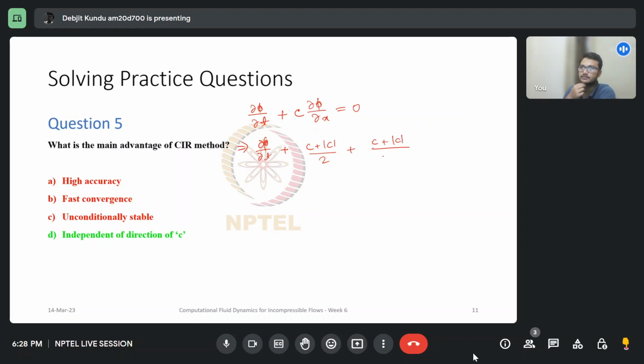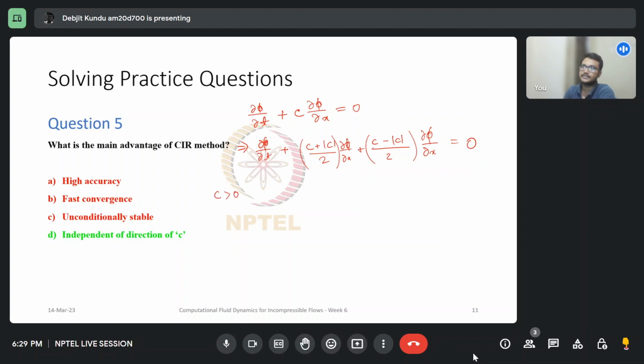First of all, we will split the C into two, C by 2, C by 2. Then we will add as well as subtract mod of C by 2 with each term. And we have ∂phi/∂x as usual.